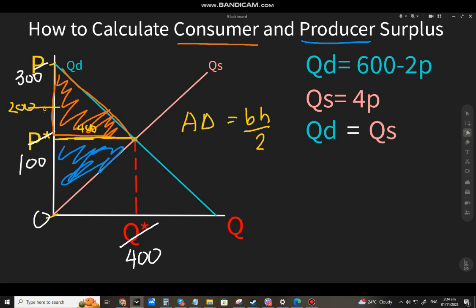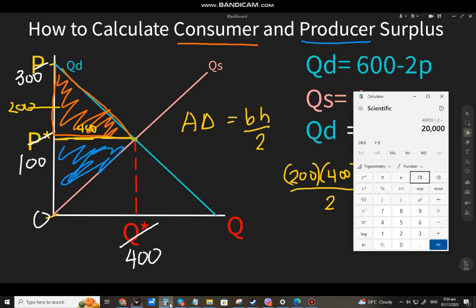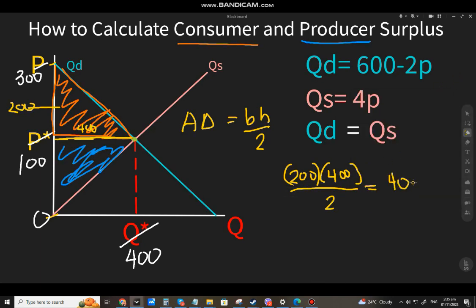Now, base times height: 200 times 400 divided by 2 is equal to 40,000. Now, if the price is in dollars, of course, this will be in dollars also. The consumer surplus will be $40,000.